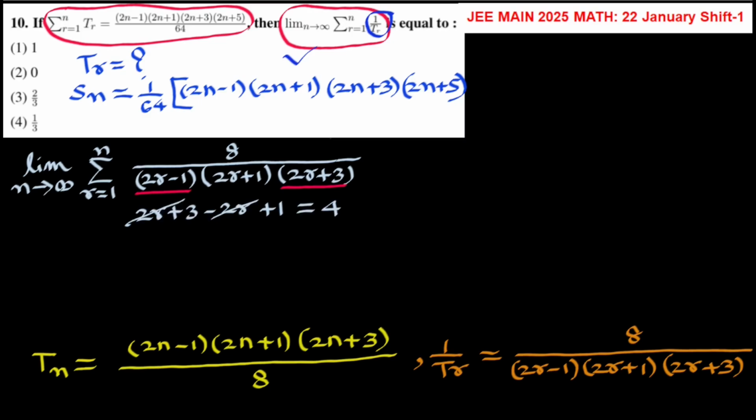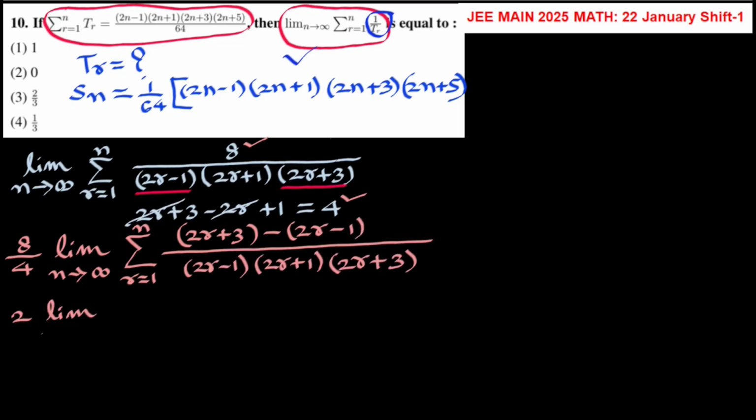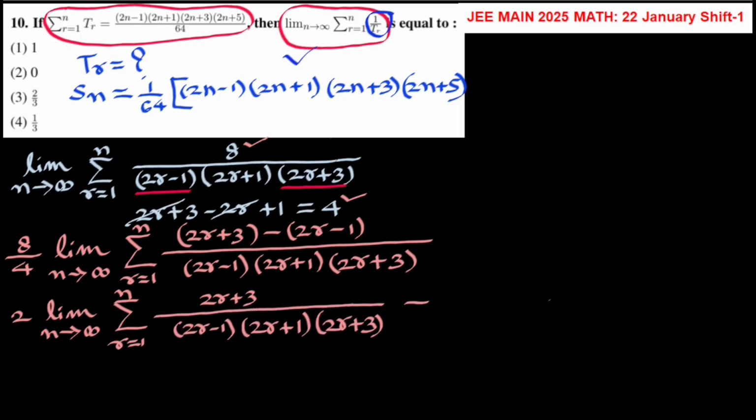So this we write as 8 upon 4 limit as n tends to infinity of this summation from 1 to n. In the numerator we write for this 4, (2r plus 3) minus (2r minus 1) upon these original terms. This becomes 2 limit n tends to infinity of this summation. We divide the numerator separately and write (2r plus 3) upon the denominator minus the second part of the numerator, (2r minus 1) upon the denominator.